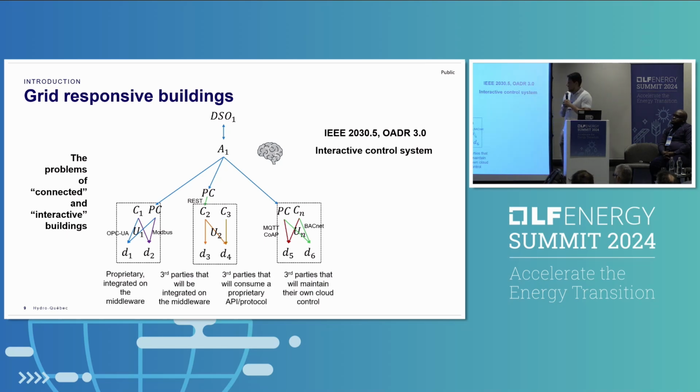And in the end, when you try to integrate the devices, some of them are property of the aggregator. Some of them will be integrated as third parties. I want to put them inside my bus of events, since the aggregator is an IoT manager.